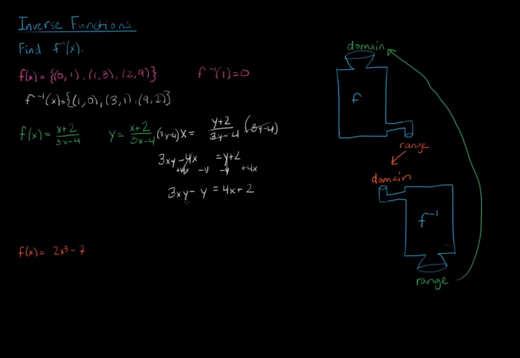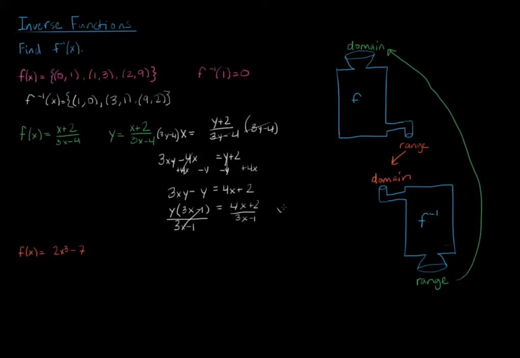Now on this side I want to factor out the y, so I get y times (3x minus 1) equals 4x plus 2. And then to get y finally by itself, I'm going to divide both sides by 3x minus 1.